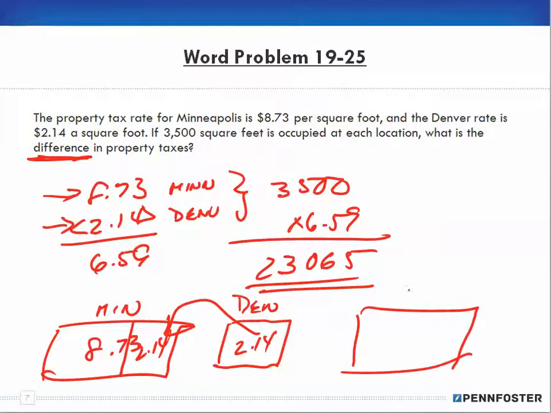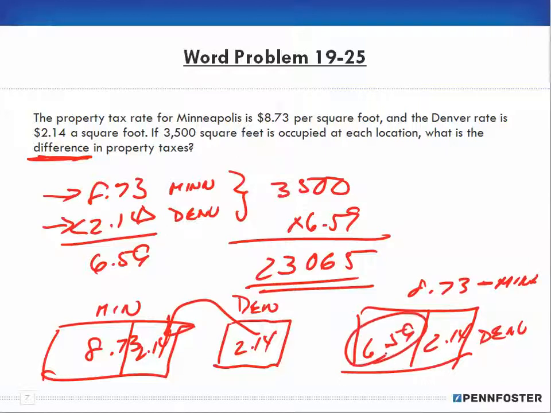This is all Minneapolis, 8.73, and this portion here, 2.14, is the size of Denver. The difference between the two, 6.59, is what's left over. That's how much bigger Minneapolis is than Denver. And of course, with 3,500 square feet, we multiply and get the 23,065.